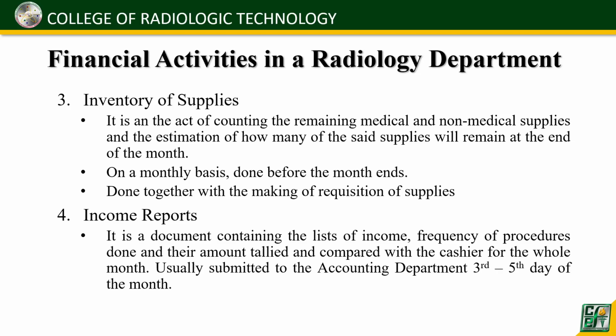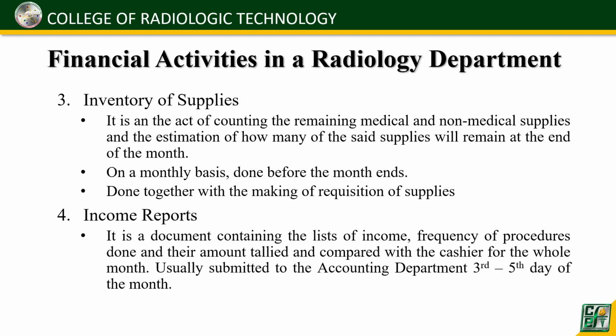Okay. So done on a monthly basis also. Done before the month ends. Okay. Done together with the making of requisition of supplies. Okay. And of course, number 4, the income reports. It is a document containing the lists of income, frequency of procedures done, and their amount tallied and compared with the cashier for the whole month.